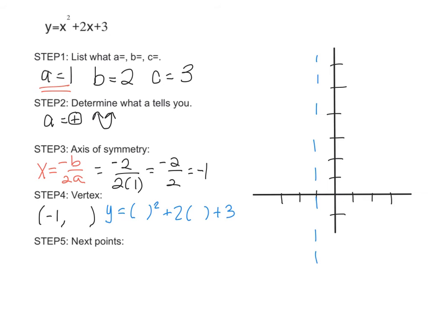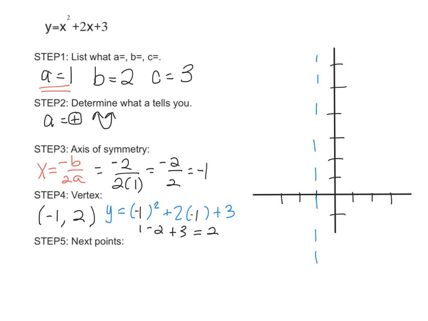Negative 1 squared happens to be 1, plus 2 times negative 1, which is negative 2, plus 3, which gives me negative 1 plus 3, which is a positive 2. So my vertex is the ordered pair negative 1, 2.